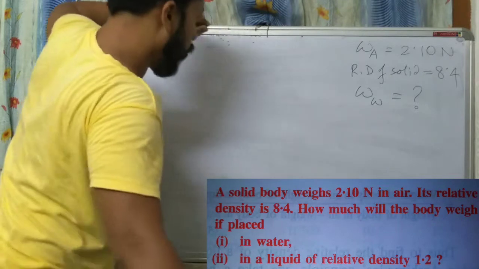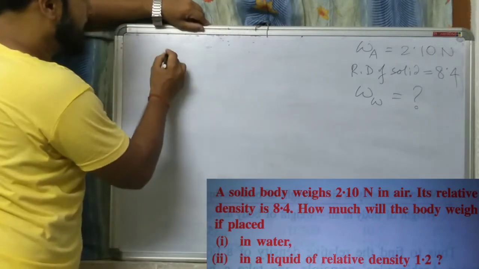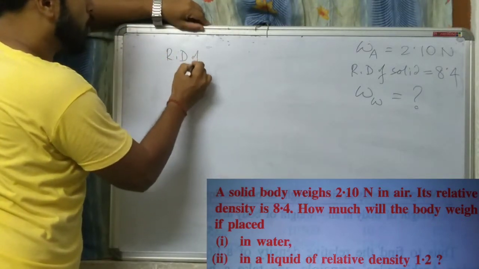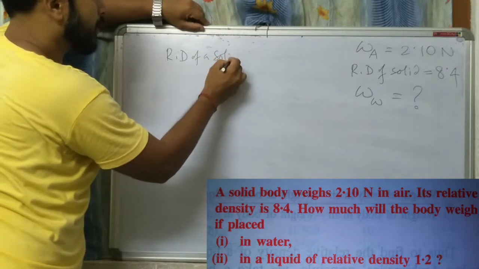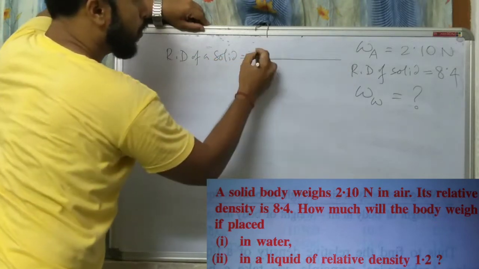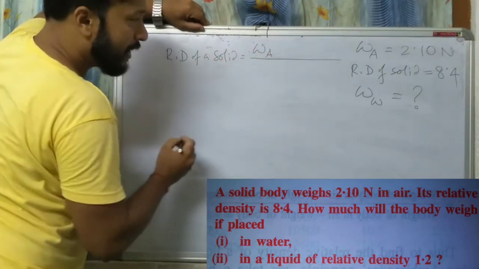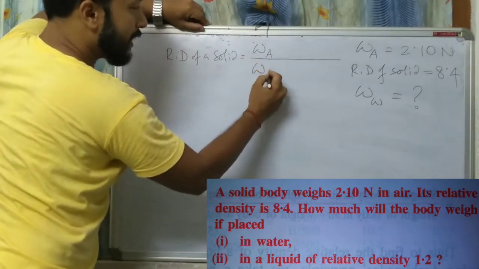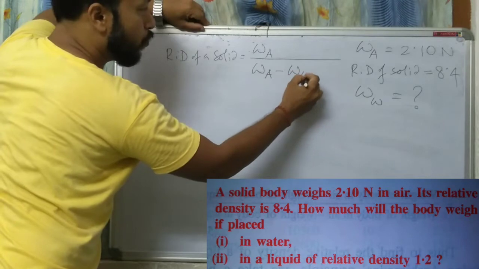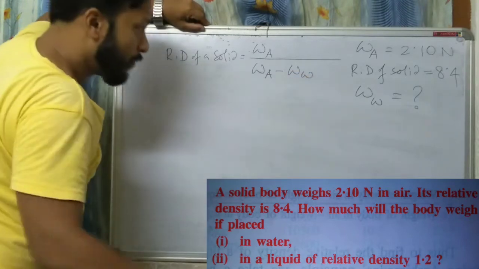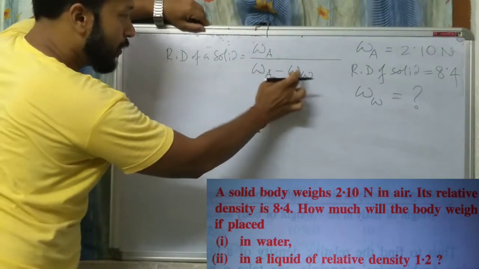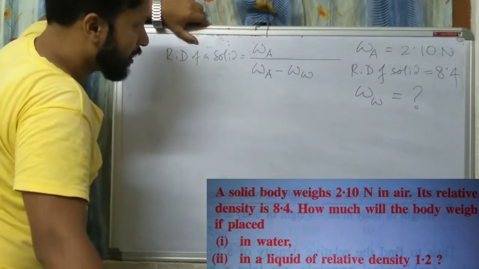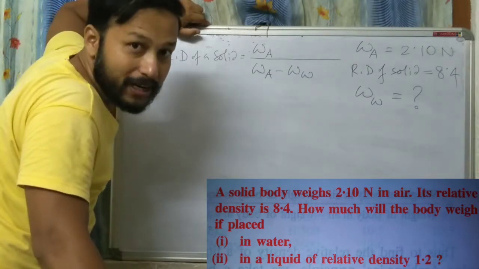So, we know the formula: relative density of a solid equals weight in air by weight in air minus weight in water. This is the relative density of a solid.